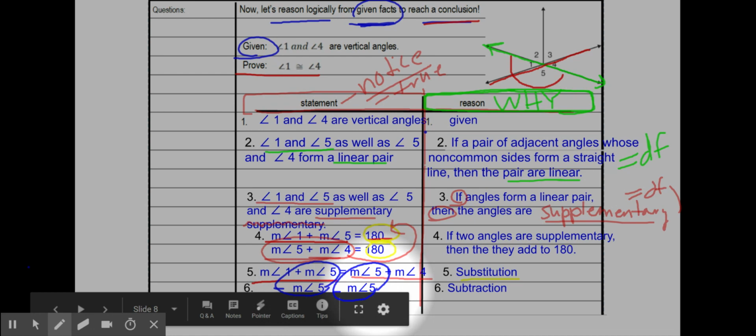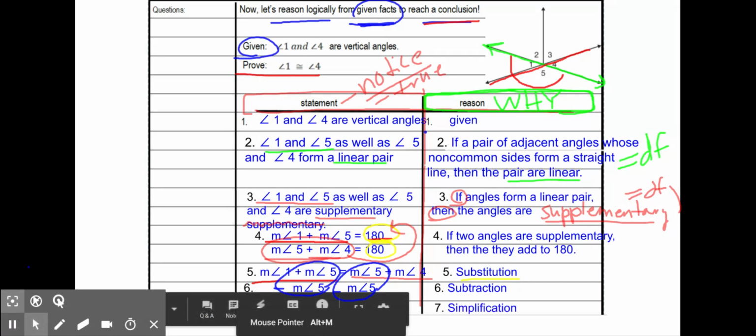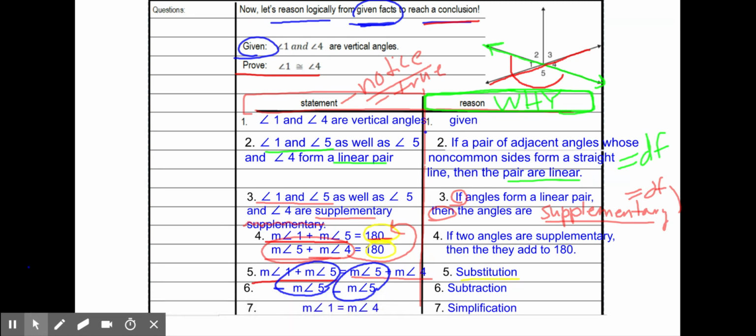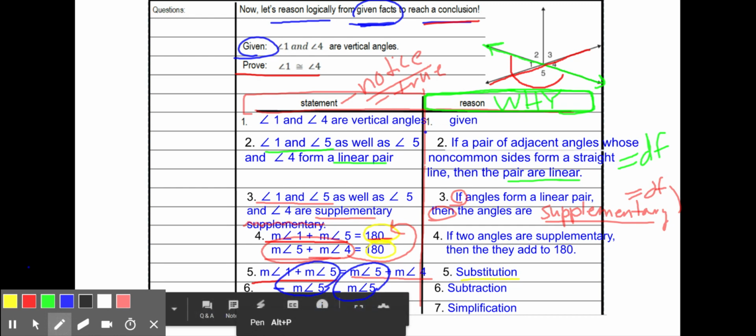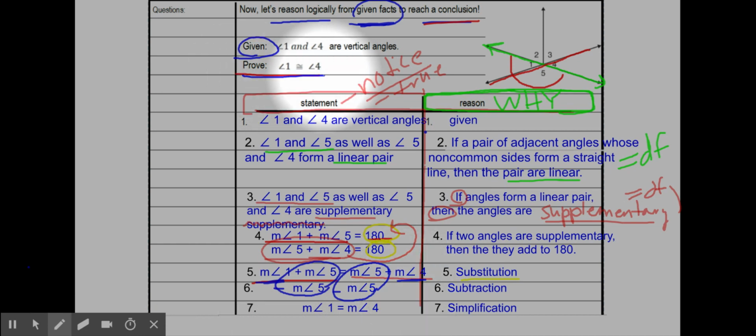They cancel to 0, leaving me with the measure of angle 1 plus the measure of angle 4, or rather, the measure of angle 1 equals the measure of angle 4. That's all that's left, which is really close to what we're trying to prove.